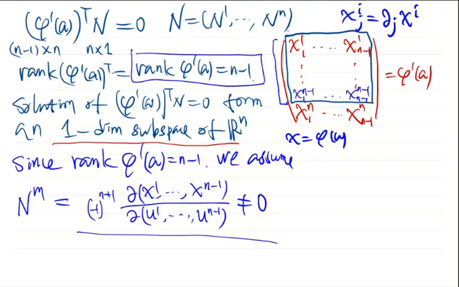Okay, then the equation can be written in another way. Our equation is (phi prime at a) transpose N is 0.